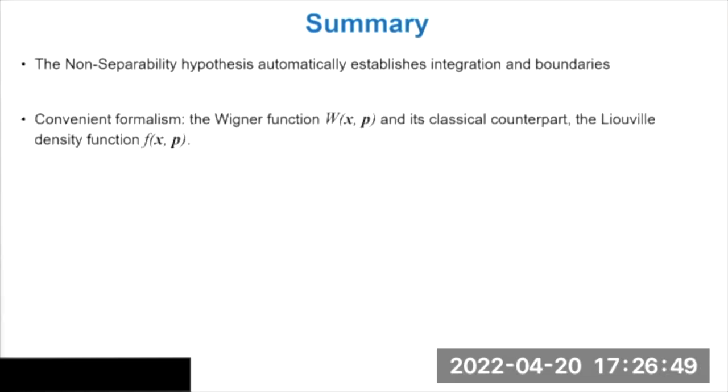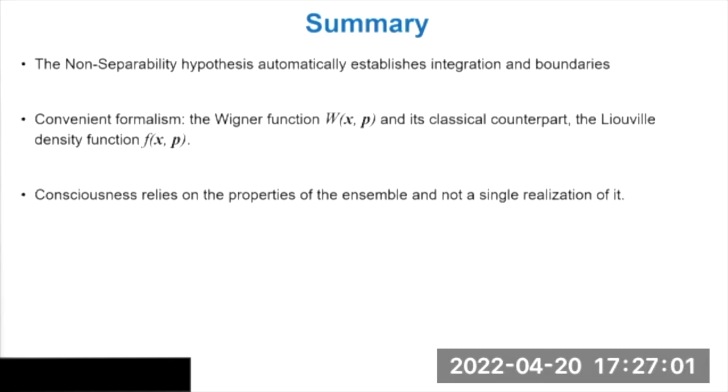So in summary, we are proposing this hypothesis that non-separability of a physical system is equivalent to consciousness, and it has this nice property that it automatically establishes integration and boundaries. I'm suggesting that a convenient formalism to look at that can be the Wigner function and its classical counterpart, the Liouville density function.